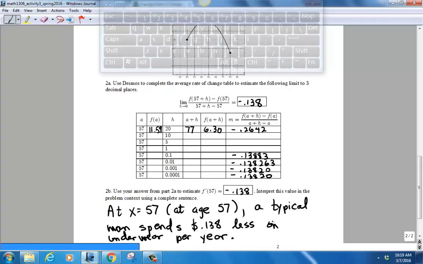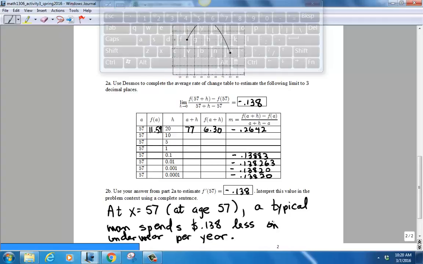You're finding the limiting value of the slopes of these secant lines as this increment gets closer and closer to 0. But remember, you can never let the increment be exactly 0, because then this denominator turns out to be 0, and you'll end up dividing by 0 in that fraction, which you cannot do.